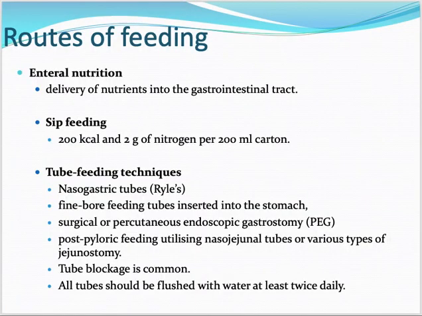So now what are the routes of feeding in surgical patients? One of the things I told you is enteral feeding by mouth, or by tubes. One thing is sip feeding. You can give the patient sips by mouth. Then there are tube feeding techniques. I think it's better to show you this.